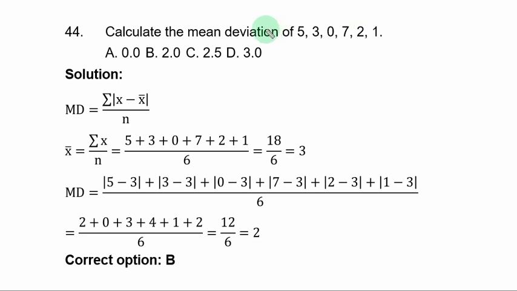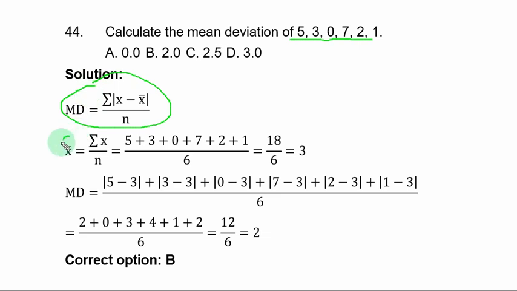Question 44. Calculate the mean deviation of 5, 3, 0, 7, 2, and 1. These data are ungrouped, so you have this formula for the mean deviation: summation of the absolute value of x minus the mean, over n, the number of observations.